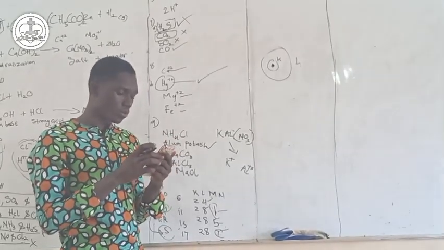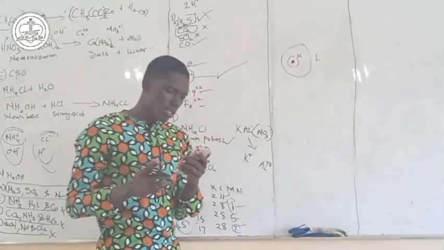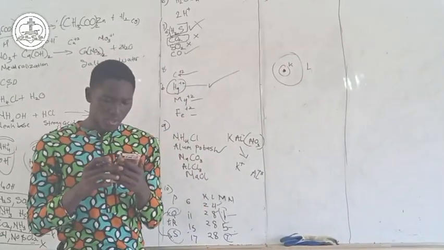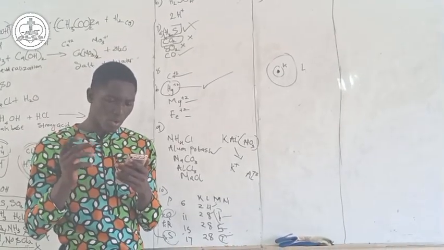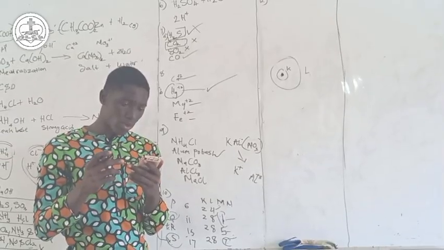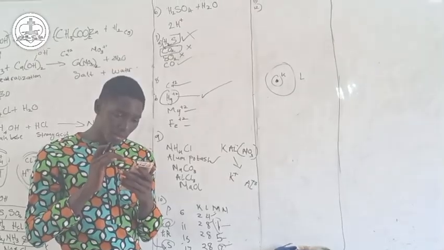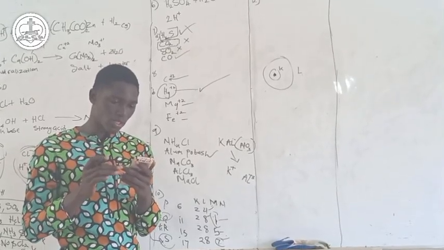Now moving to question 13. Question 13 says sieving is a technique used to separate mixtures containing 20% oxygen by volume. Which of the following reactants was in excess?